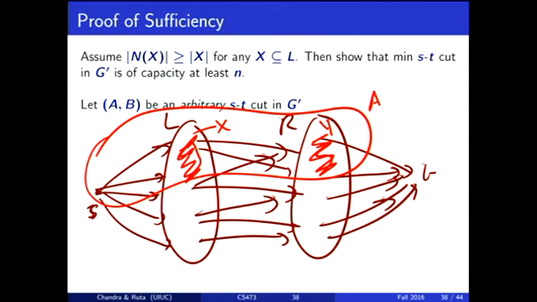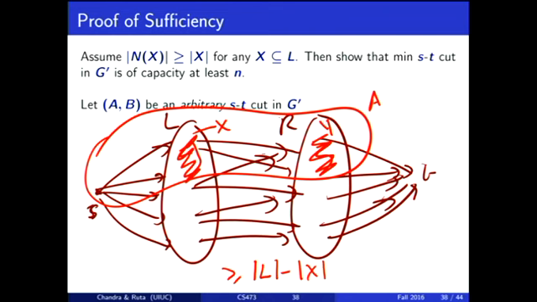Let's count the capacity of the cut. How many edges are leaving this cut? One edge from S to all these vertices, right? The capacity of this cut is greater than L minus X, right?